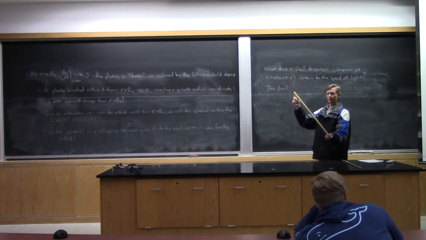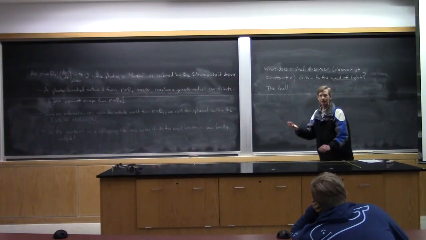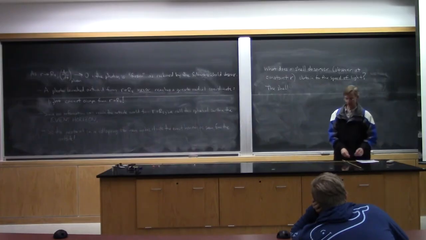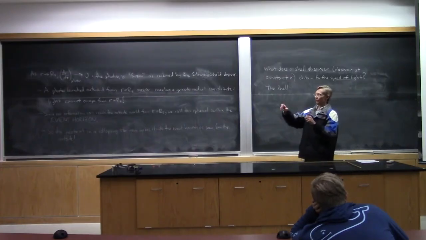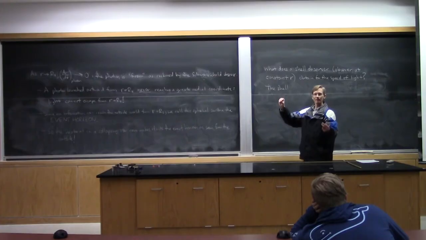If I'm going to measure the speed of light, I use meter sticks and properly calibrated clocks. Whereas if I want to use the coordinate speed of light, I would say, okay, the photon was at this R value at a certain faraway time, and this R value at some other faraway time, and then I would take the change in the R values divided by the change in the faraway times, and I would call that the coordinate speed of light.